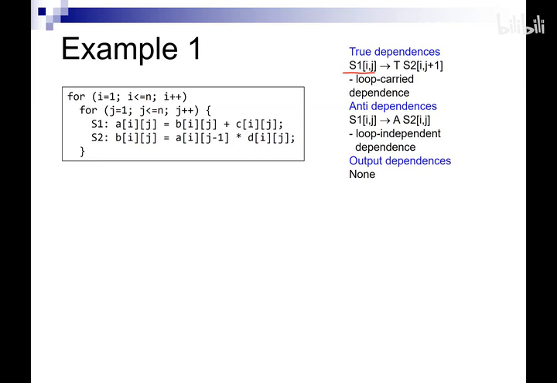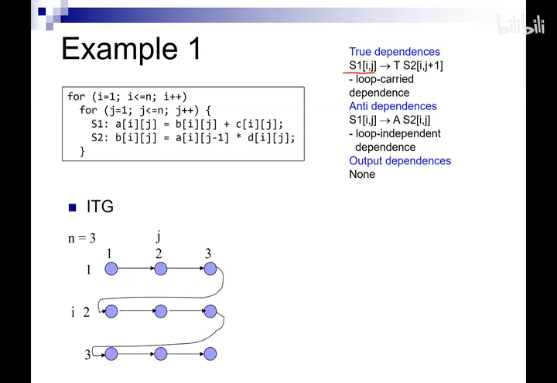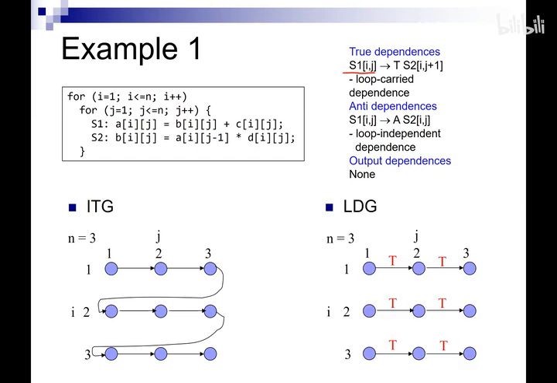Okay, so those are all of our dependencies, and now we can draw the ITG and the LDG. For the ITG, we're going to iterate through the J iterations first, and then the I iterations. For the LDG, we look for all of the loop carry dependencies. The only loop carry dependence is over here, and this is in the J loop.